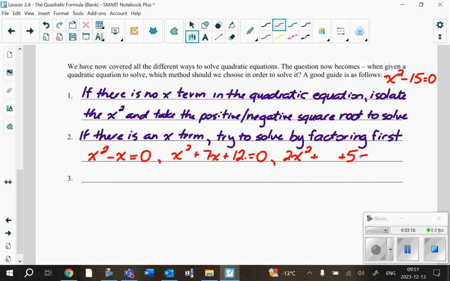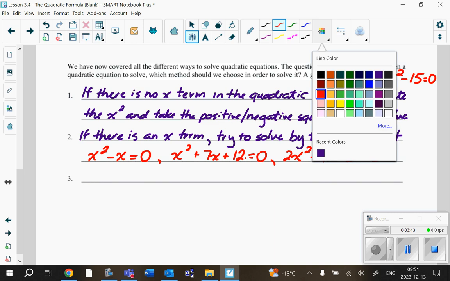What would I have as a middle term? I could have 7x. Those are all examples. They can be factored. I may give you a specific question and say, solve it by factoring. Okay? Which means obviously it can be factored.